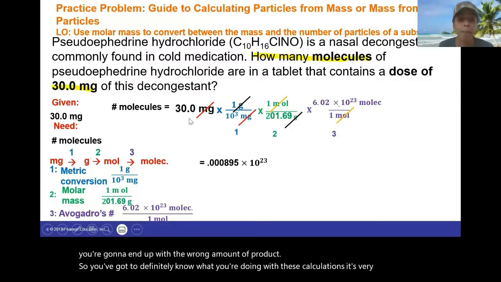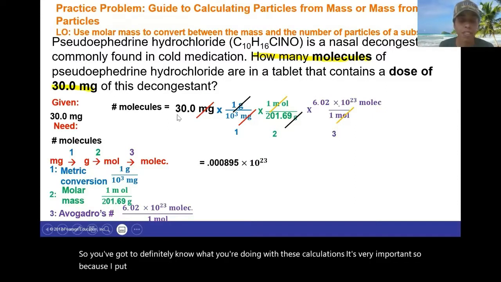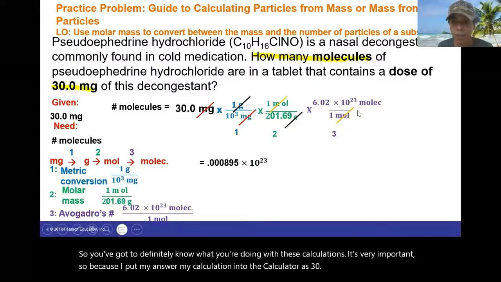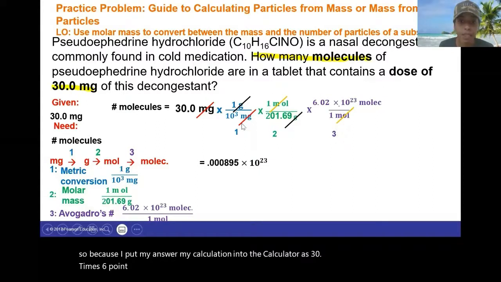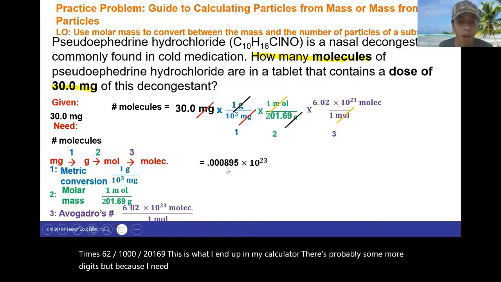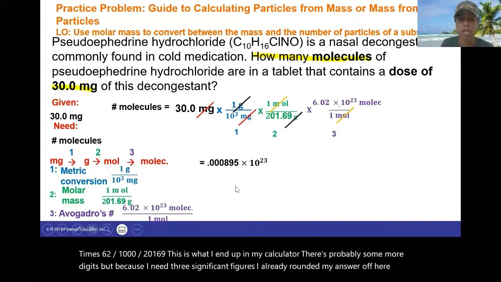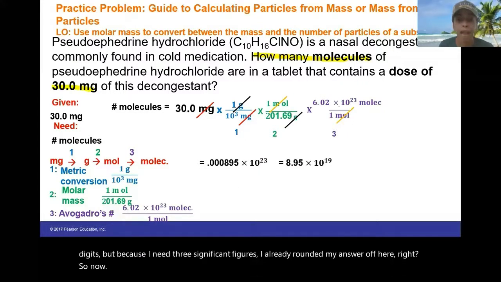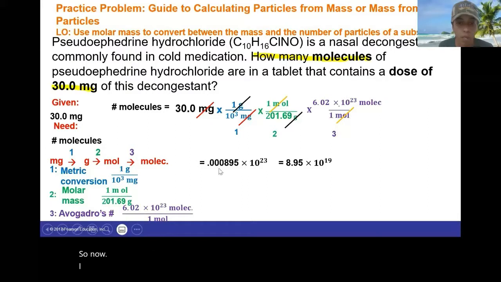So because I put my calculation into the calculator as 30 times 6.02 divided by 1,000 divided by 201.69, this is what I end up with in my calculator. There's probably some more digits, but because I need 3 significant figures, I already rounded my answer off here, right? So now I move my decimal place over 1, 2, 3, 4.